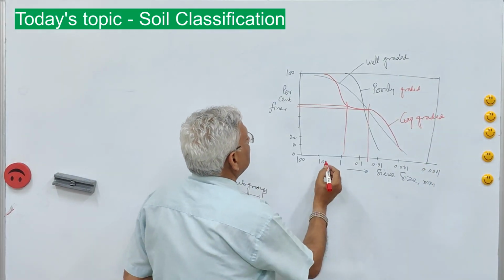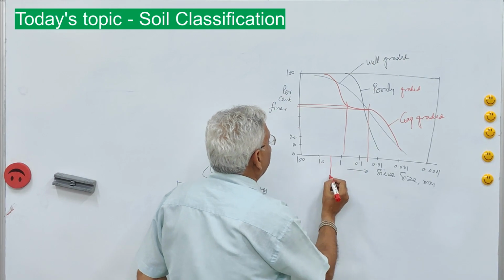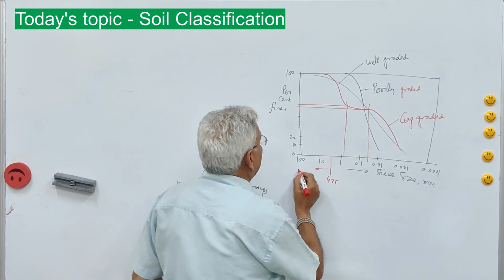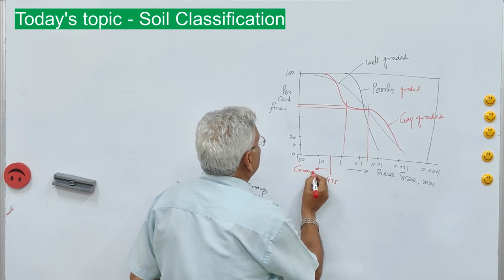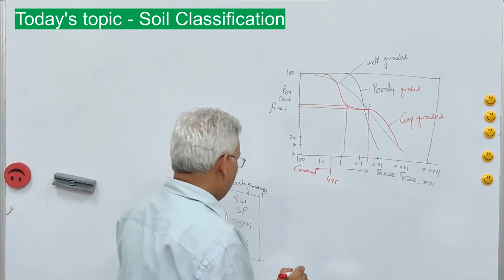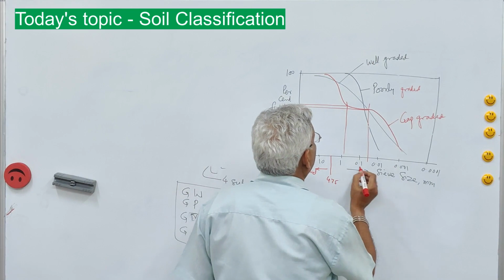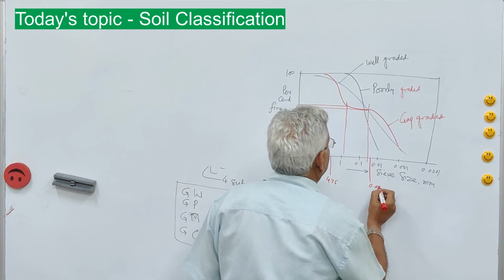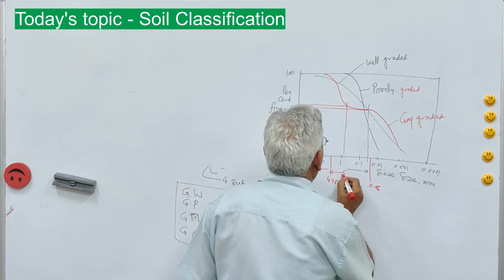On this scale, up to a size of 4.75 millimeter, this is gravel. From 4.75 millimeter to 0.06, that is classified as sand.